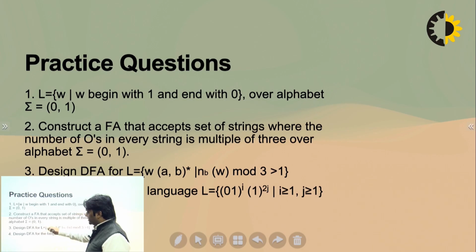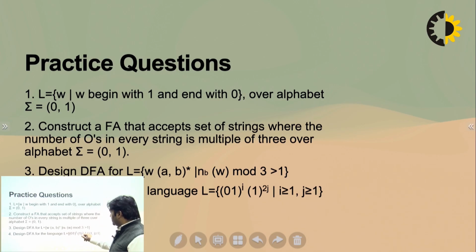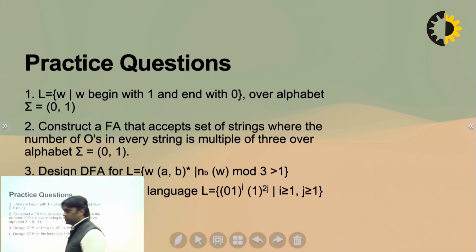Third, design a DFA for the language of W over a, b with the count of W mod 3 greater than 1. Fourth, design a DFA for the language L equal to 0 to the i, 1 to the j. I will describe the questions one by one.